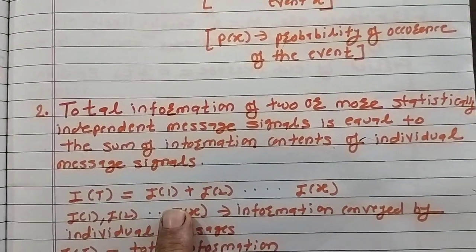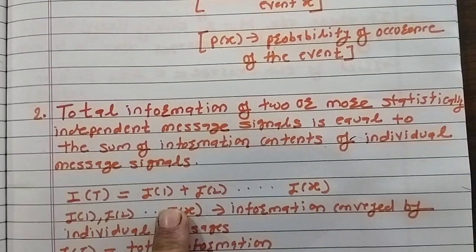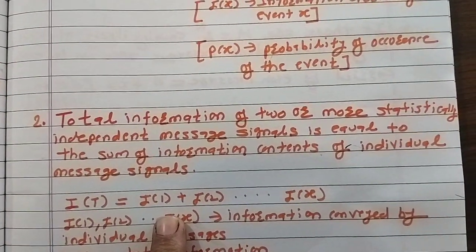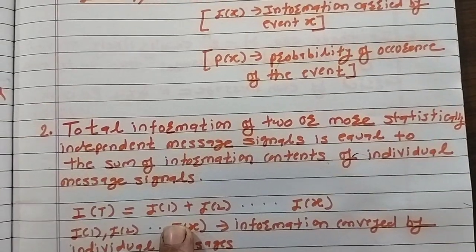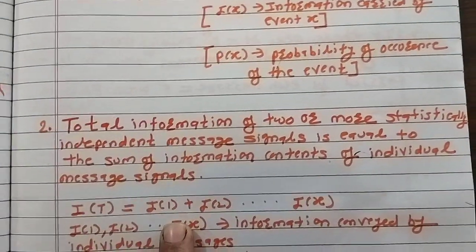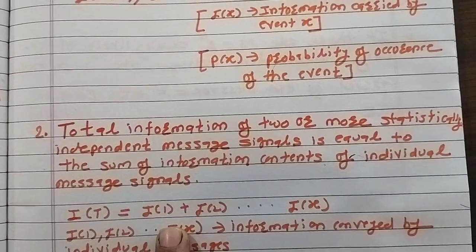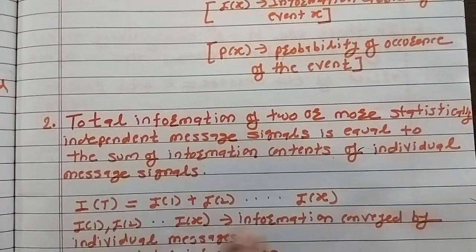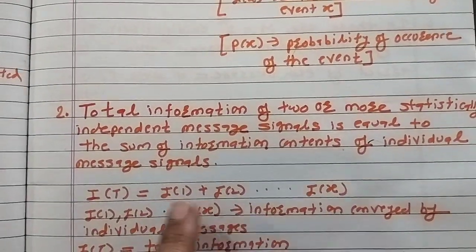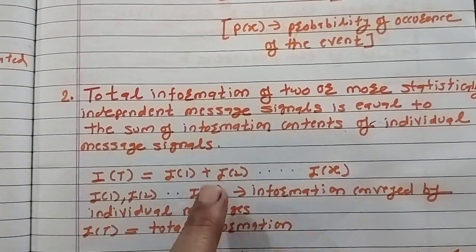Information is equal to log of 1 by p, and for statistically independent events, p is a multiplication of probabilities. So it would be 1 by p1 into p2 p3 up to p_x, and in log, multiplication becomes addition. That's why you get this formula.